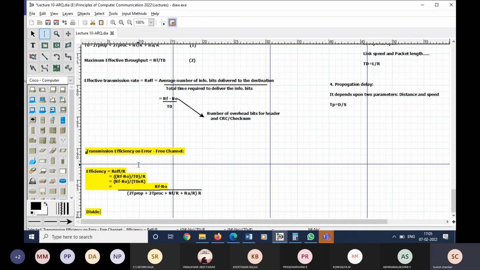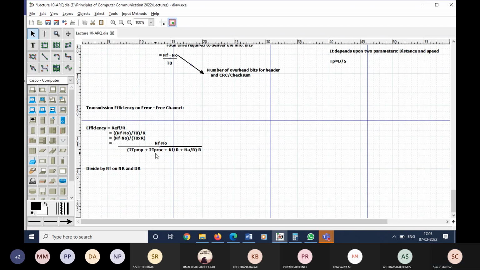Now we need to divide by NF in the numerator and the denominator, right? So what we will get is, NF will get cancelled.